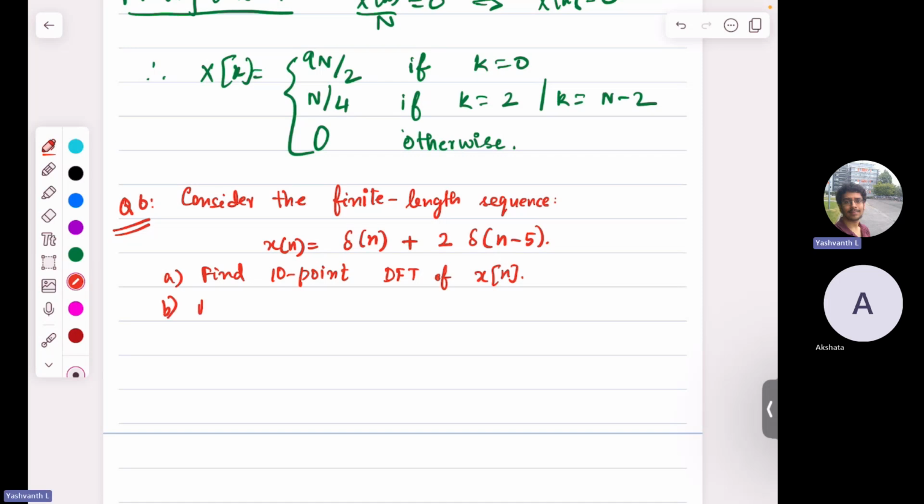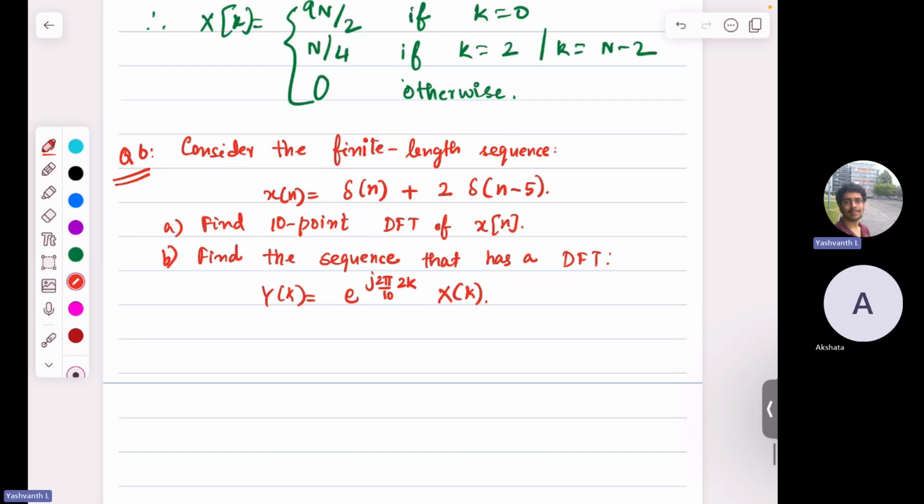B, find the sequence that has a DFT y of k equal to e power j 2 pi by 10 into 2k into x of k.